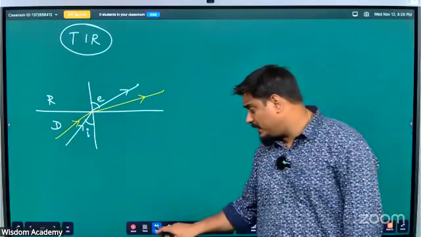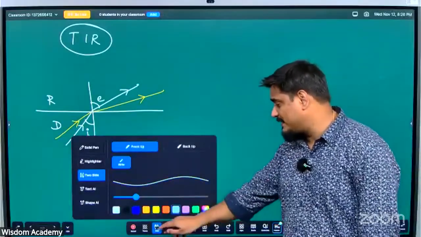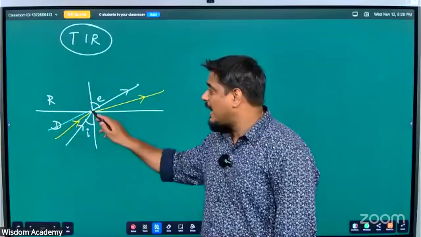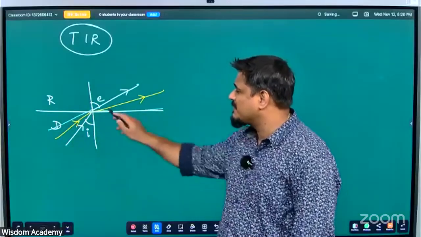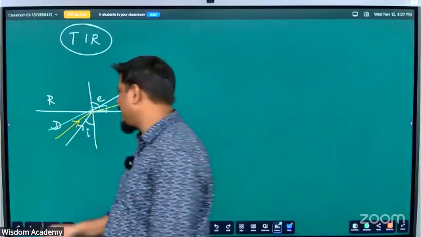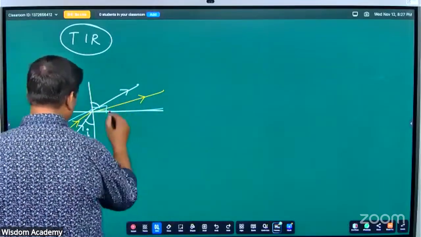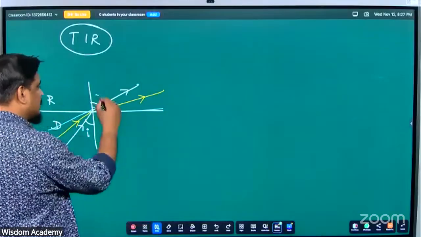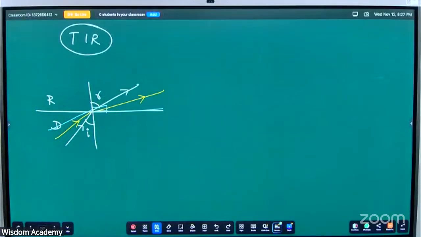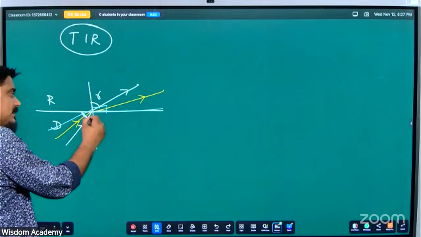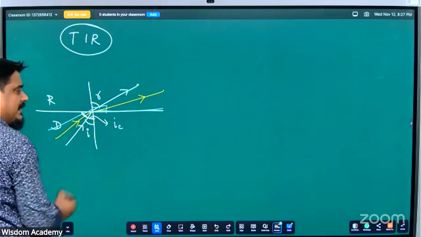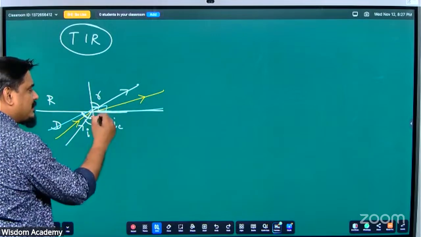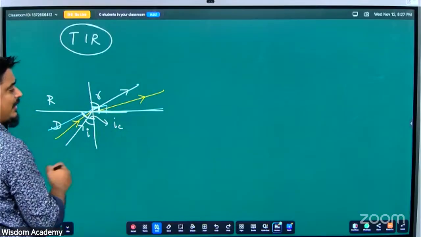At a particular value of angle of incidence, the angle of emergence becomes 90 degrees. Refraction, I should say. Why am I writing emergence here? It should be angle of refraction, isn't it? So the particular angle at which the angle of refraction becomes 90 degrees is called the critical angle.